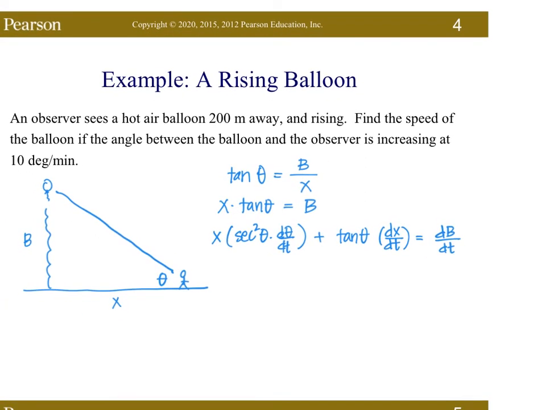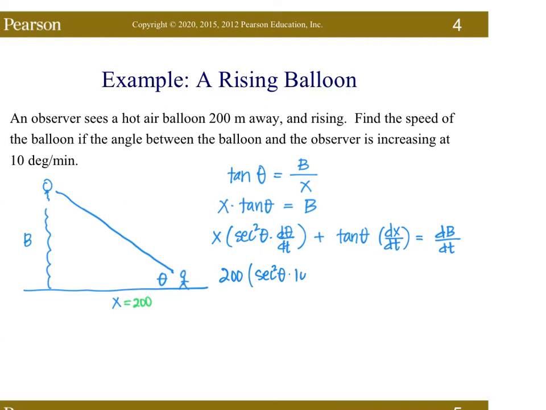Now I'm ready to plug in any values that I've been given. So we know that x was equal to 200. So that's a value I have right now. I know that I don't have the value of theta yet, but I do know that theta is changing at 10 degrees per minute.